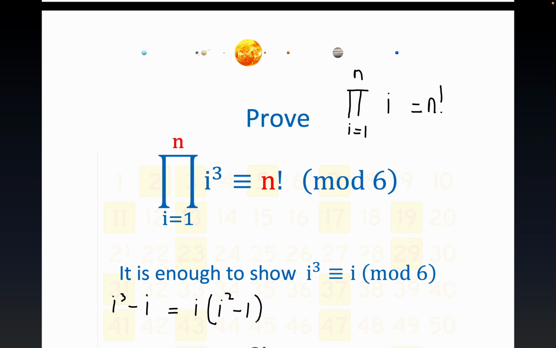Now you'll recognize this as the difference of two squares. And so allowing for the rearrangement here, I'm going to write this as i minus 1 times i times i plus 1. And we see we have the product of 3 consecutive integers.